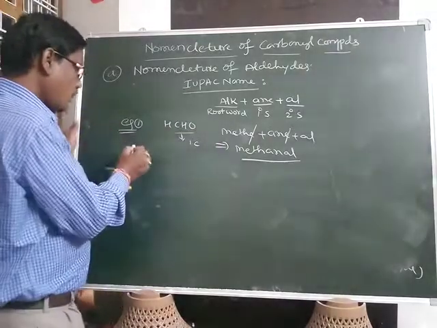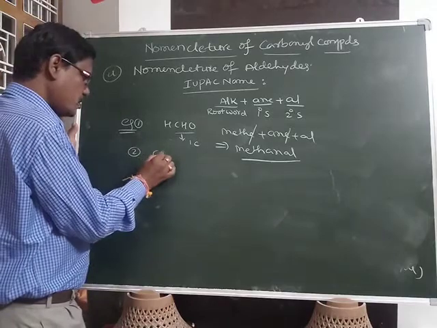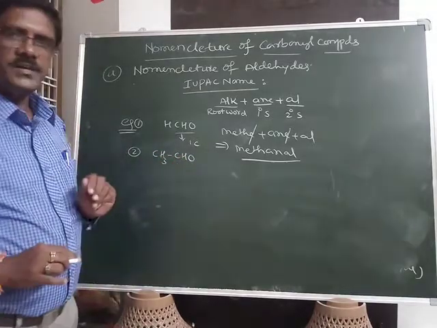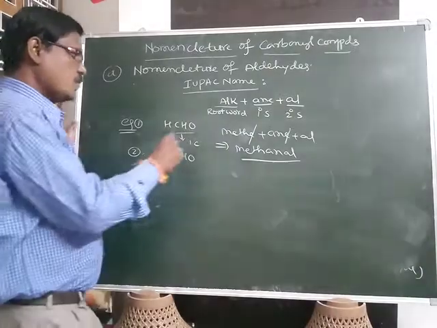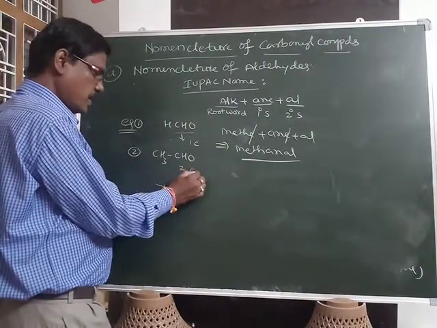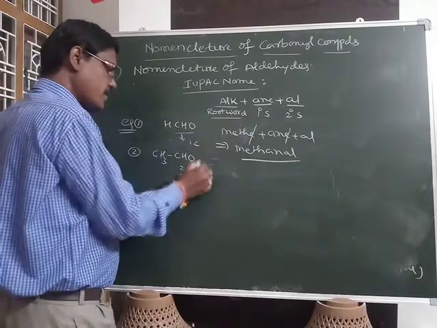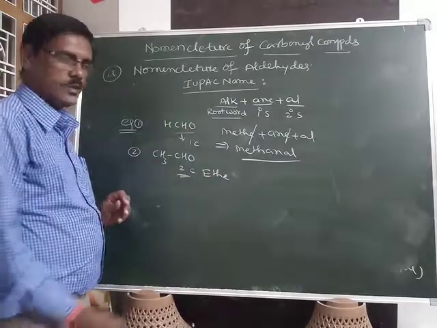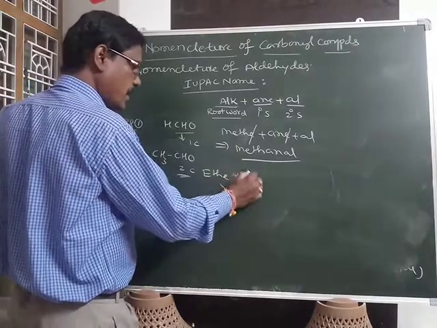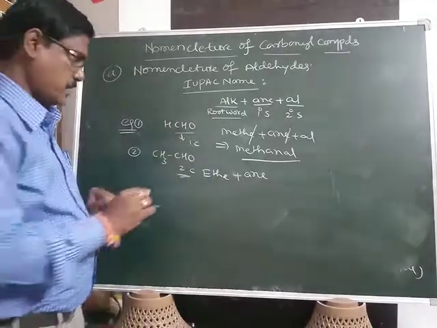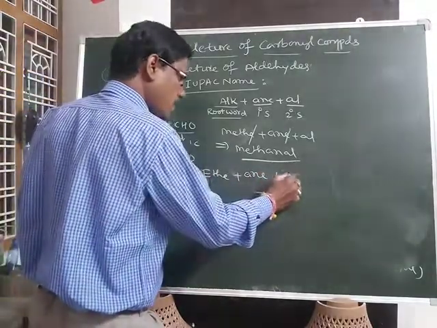Okay. One more example, CH3CHO. In this one, how many carbons? 1, 2 carbons. That's why the 2 carbon root word is ethane. Plus ane means carbon to carbon there is a single bond, and the functional group is al.